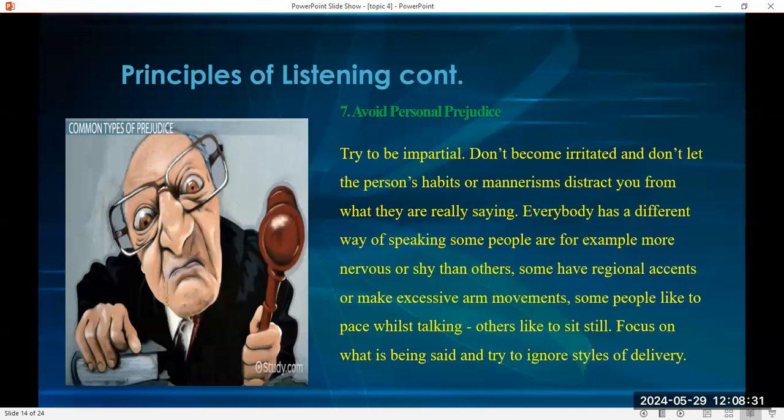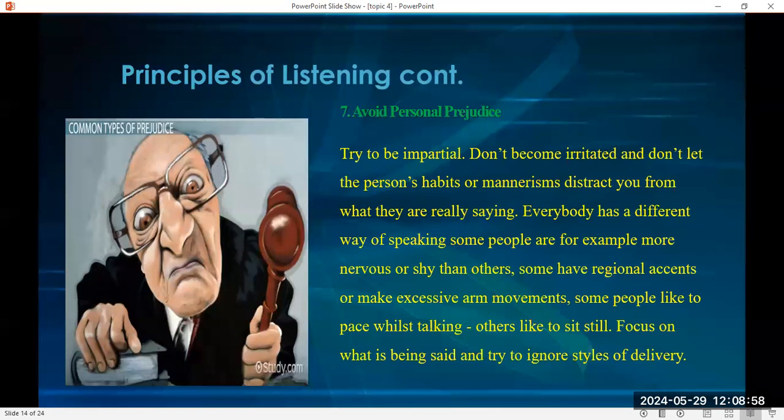Try to be impartial, don't become irritated, and don't let the person's habit or mannerism distract you from what they are really saying. Why? Because everybody has different ways of speaking. For example, people who are nervous, people who are shy more than others.